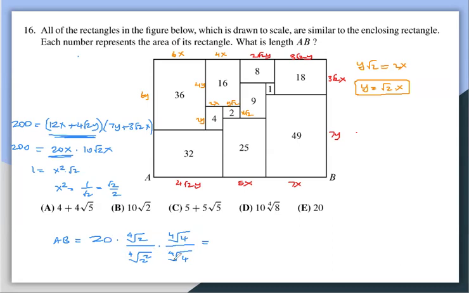This is a fourth root, this is a fourth root, so 4 times 4 is 16. That's why I multiply by this, so I can get a nicer denominator. That should be just the fourth root of 16, which is going to be 2. So the numerator is 20 times the fourth root of 2 times 4, which is 8. So 20 and 2 will cancel, and you get 10 times the fourth root of 8. So that was choice D. This is actually one of the interesting problems on this test that I really like doing. So this was number 16.